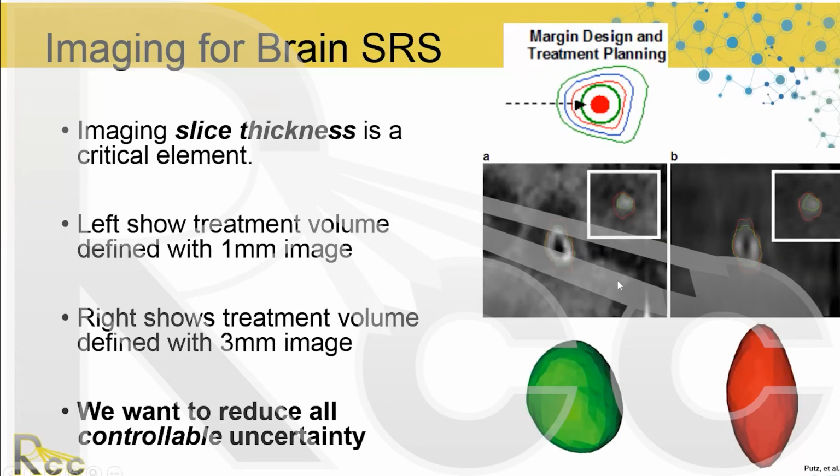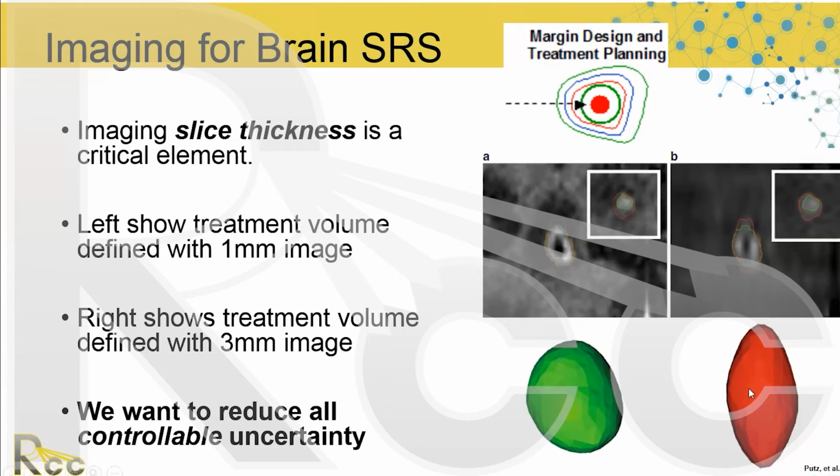We want to reduce our uncertainty as much as possible, and this is really low-hanging fruit in terms of the planning imaging: get small slice thicknesses. Nothing comes for free. Getting a bigger image stack will increase your processing time, and there may be some trade-offs there.